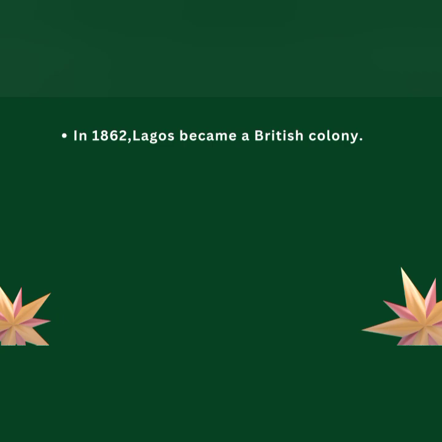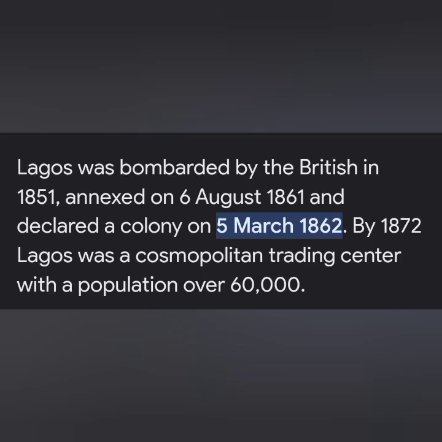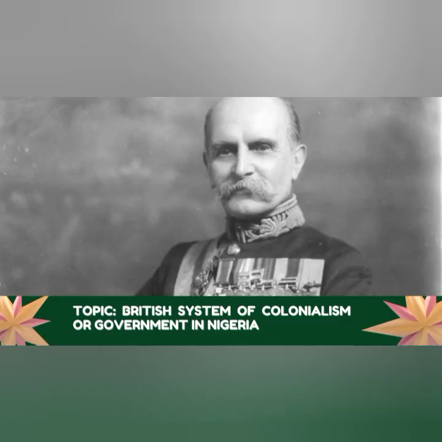As a British colony, Lagos came under British control. That was when the British government took control of the affairs of Lagos. I'm talking about 1862, when Lagos became a British colony. So, after the conquest of Lagos, the British embarked on the conquest of other territories in Nigeria.